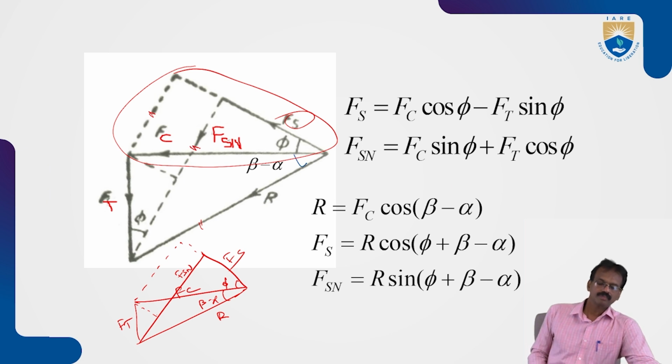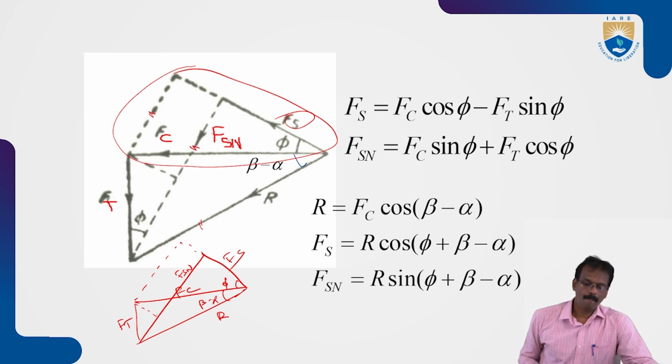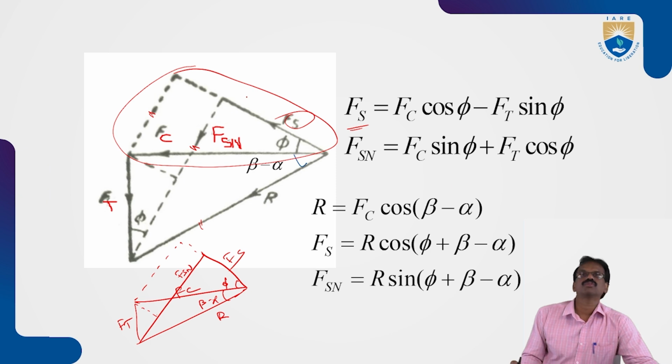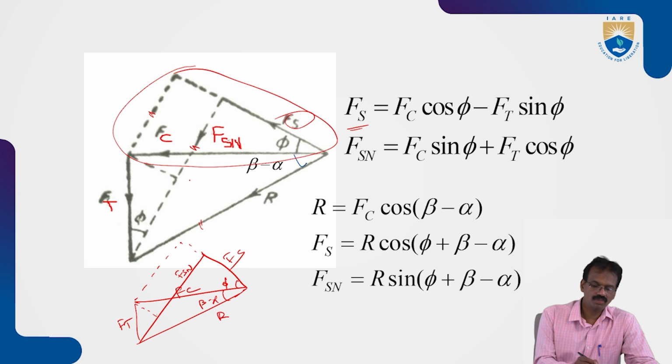Fs is equal to adjacent side into cos phi, because cos phi is equal to adjacent side by hypotenuse. Here the hypotenuse is equal to Fc, and this force is equal to Fs.